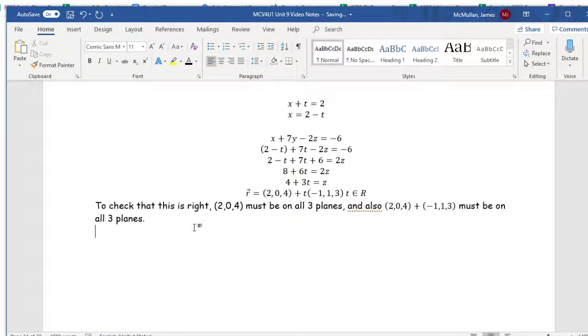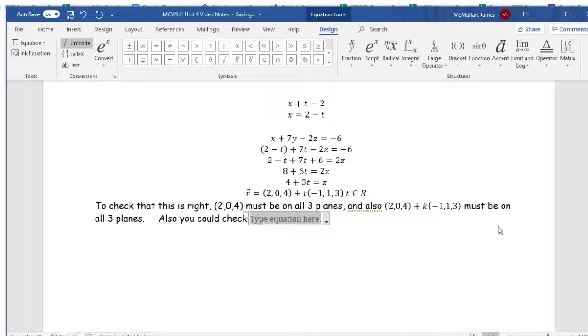We should also be able to check the point, you could check, let's put plus k. So, let's say for example I made k 2, then when I did 2, 0, 4 plus, now if I make k 2, this would be negative 2, 2, 6, which would be 0, 2, and 10.